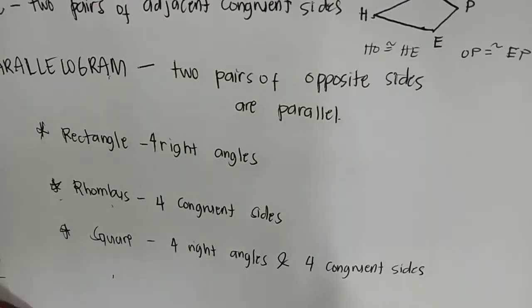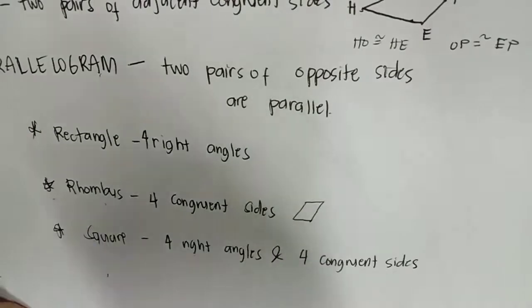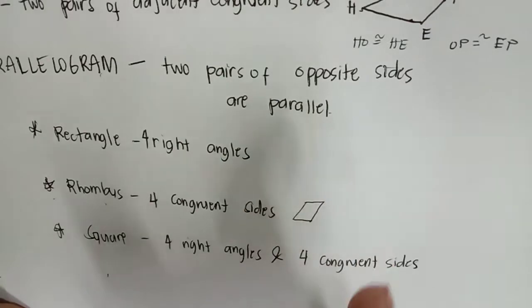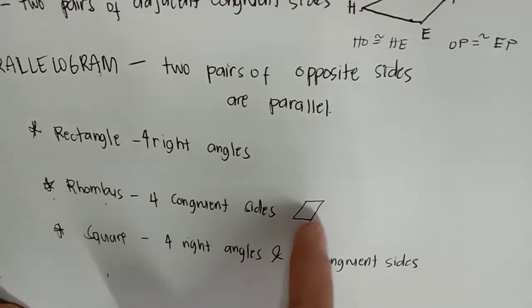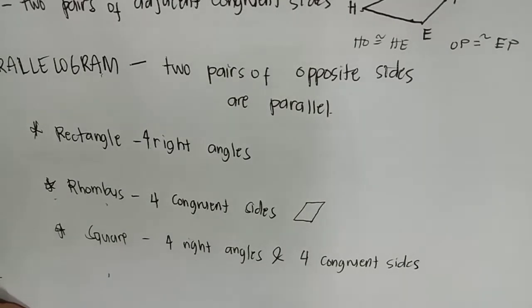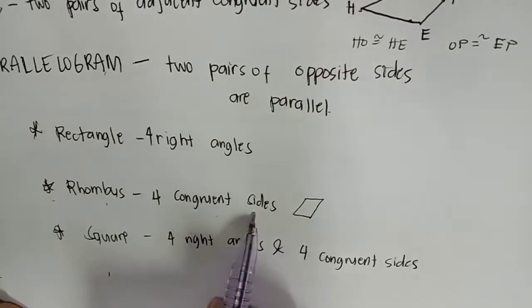Next is rhombus. So, si rhombus naman po, yung paslant na square po siya. Okay? So, pasok pa rin naman po sa opposite sides are parallel. Pero, ang another characteristic ni rhombus is meron po siyang congruent sides.